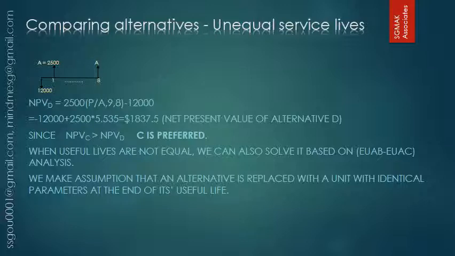In this approach, we don't have to equalize the service life because the common plan period is an integer multiple of each plan period. The assumption stays the same, that when you replace an alternative, it has an identical cost structure.